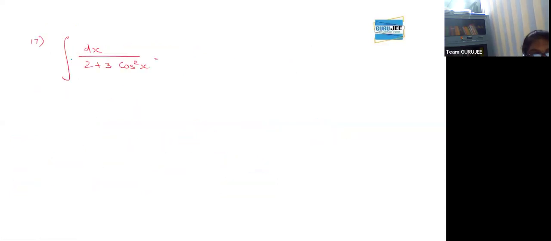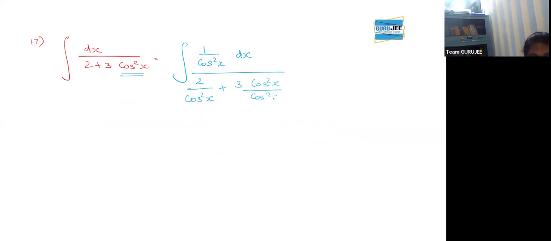Integrate dx by 2 plus 3 cos square x. Only cos square x is there. Okay, we will divide both numerator and denominator by cos square x. 1 by cos square x dx by 2 by cos square x plus 3 cos square x by cos square x.